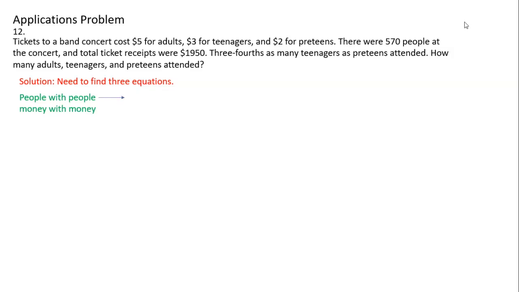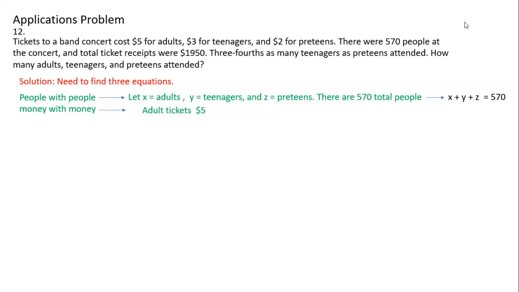Now let's deal with the people. Let x be adults, y be teenagers, z be the preteens or the kids. There are 570 total people, so the first equation is x plus y plus z equals 570. Again, let's get our revenue equations to get our total income.